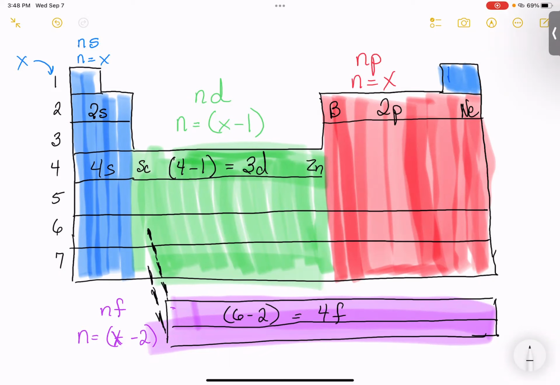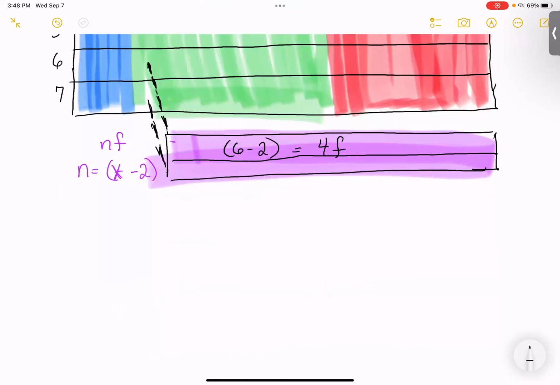Why is it minus? Because again, it has to do with where it falls. And the way our periodic table is typically drawn does not really reflect what it truly looks like.